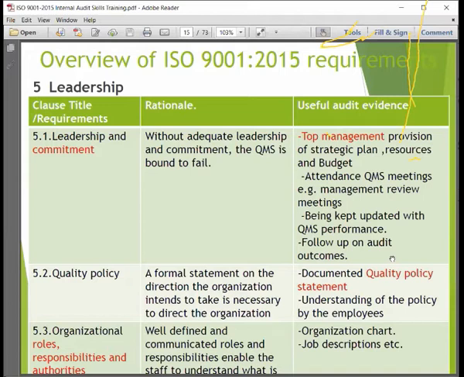There is also a requirement to do with quality policy. Quality policy statement. So why do you need it? It's a formal statement on direction the organization intends to take. It's necessary to direct the organization. So in the leadership, they need to come up with this policy statement. What is their commitment toward quality?